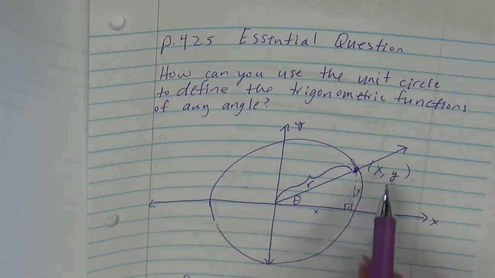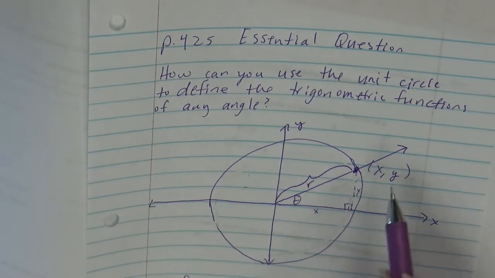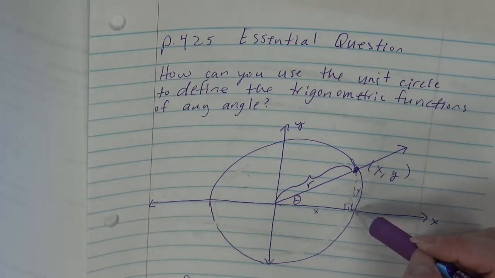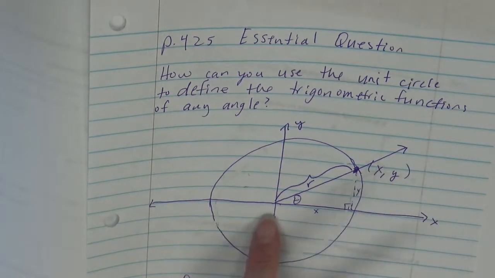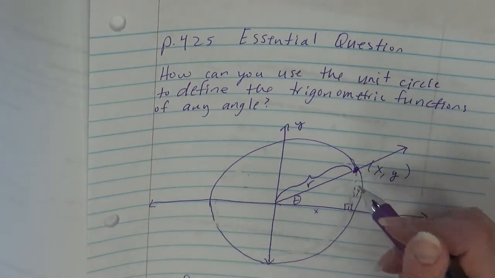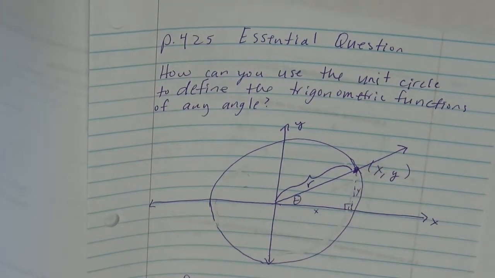The x value in this point corresponds to the length from the origin to here, and the height of the triangle from the x-axis up to the coordinate is the y value. So if this is an ordered pair (2, 3), then the x value is 2 and the y value is 3. And the radius again is going to be 1 if it's a unit circle.